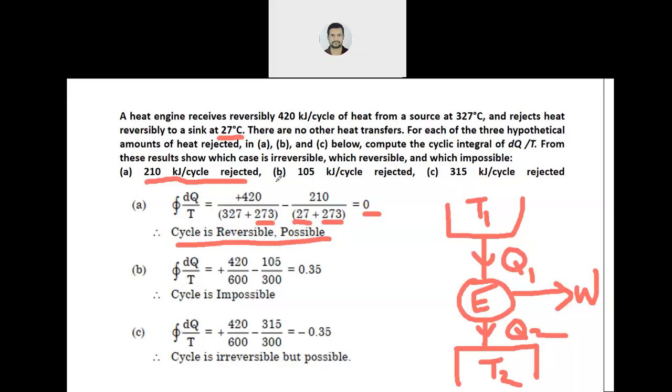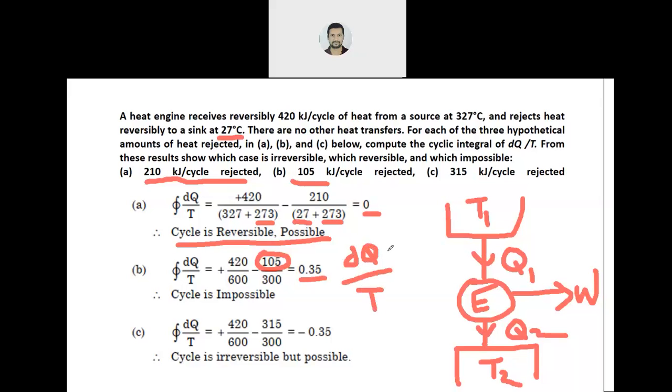Correct? Next, for case B, again dQ by T, the first component 420 by 600 will be the same. The change will be in the value of Q2 rejected. In this case it is 105, and the temperature of the sink is again 27 degrees Celsius, means 300 Kelvin. Solve this, we are getting this much. Now this is positive, greater than 0.